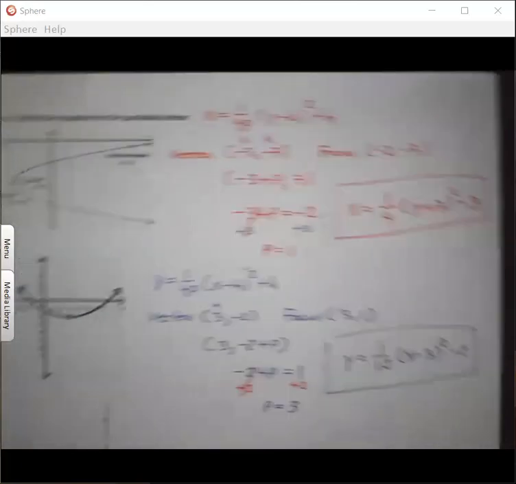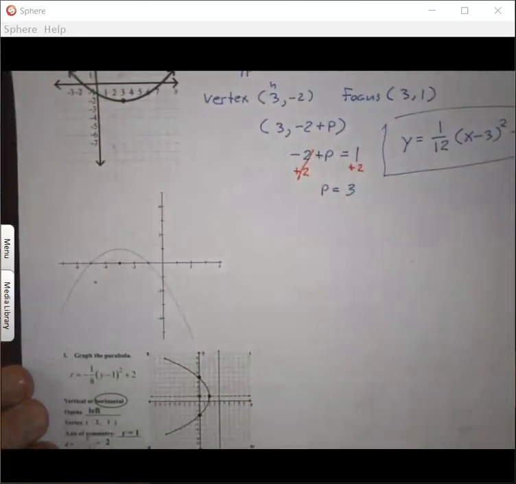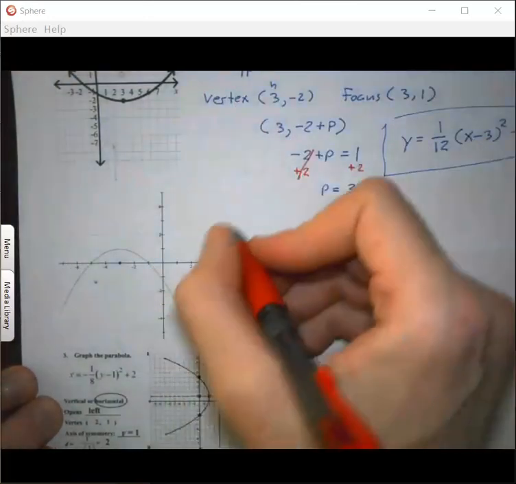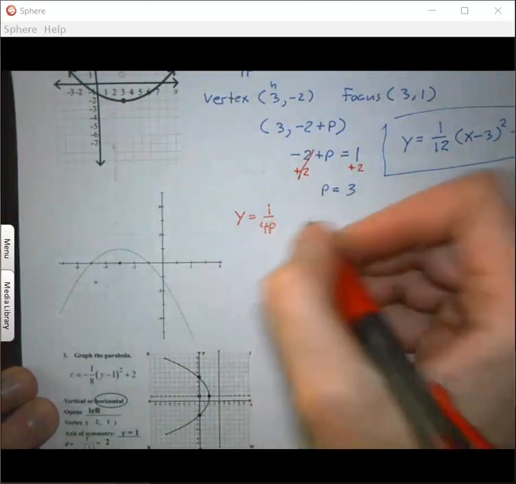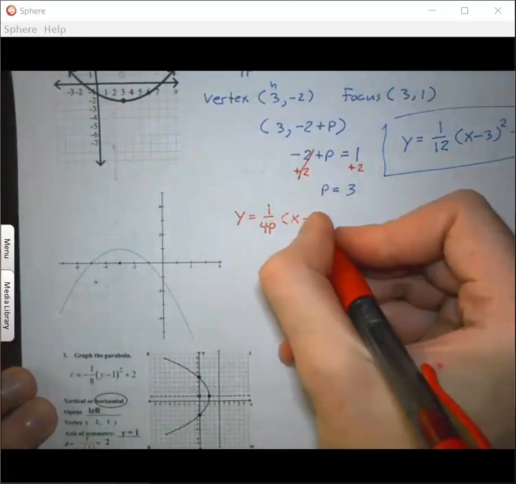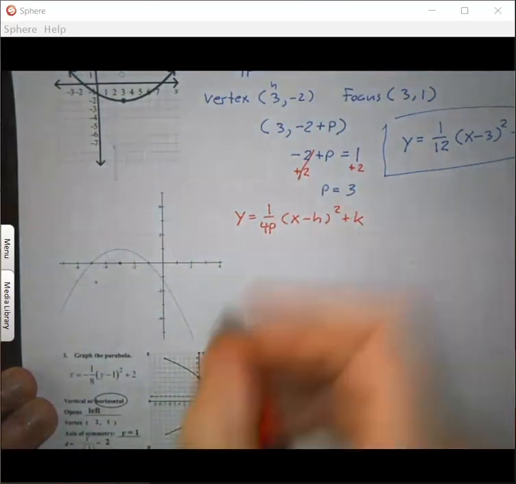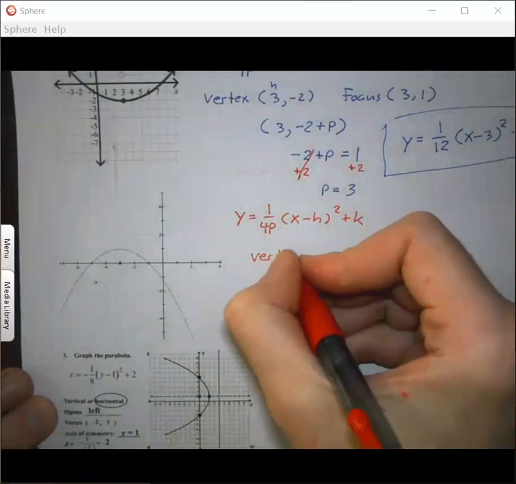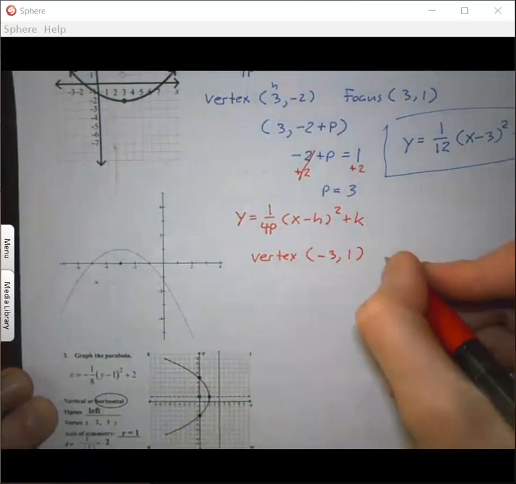All right, one more. So this one's opening down, so we're going to use the same equation. So vertex is minus 3, 1.